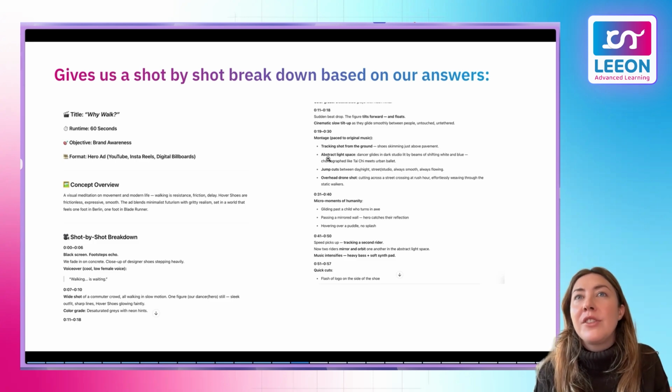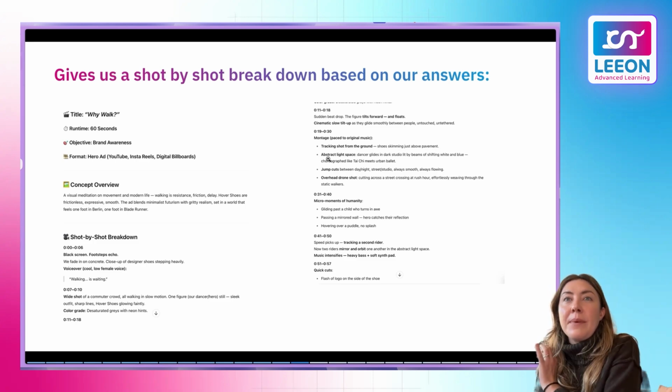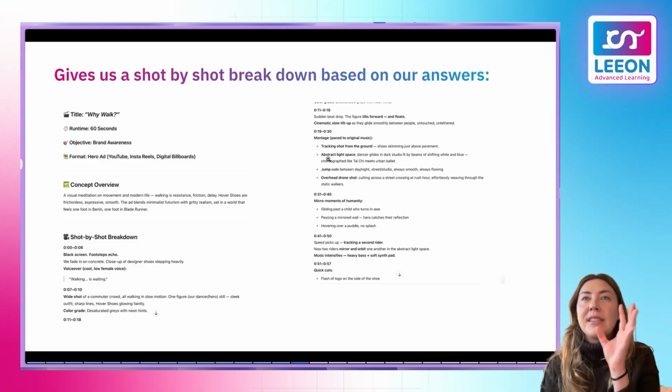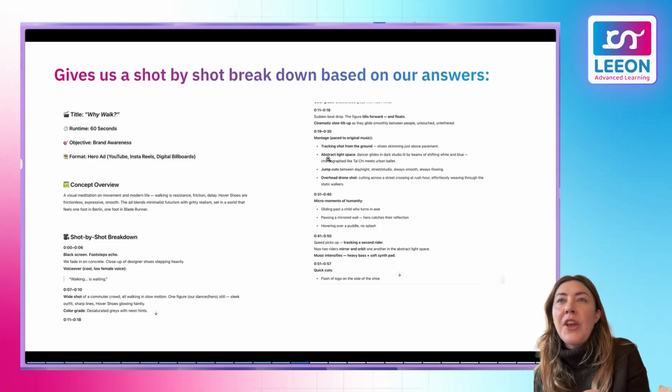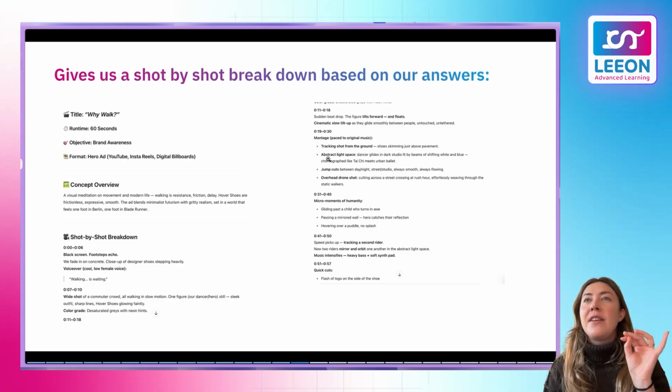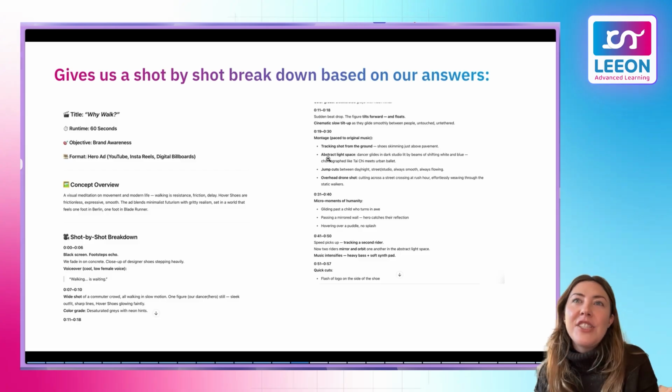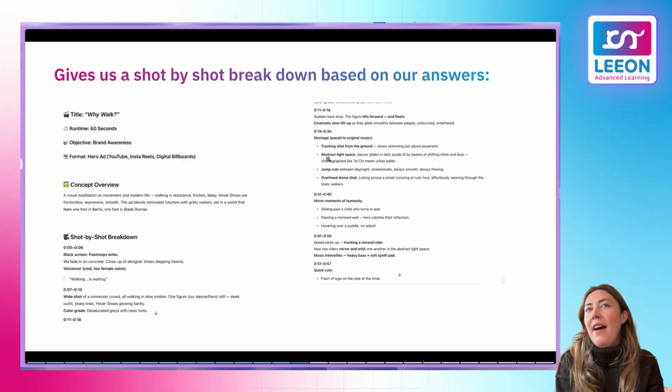And then we've got a tracking shot from the ground, shoes skimming just above the pavement. We've got this abstract light space, so a dancer glides in the dark studio lit by beams of shifting white and blue, choreographed like Tai Chi meets urban ballet. Oh, I love it.